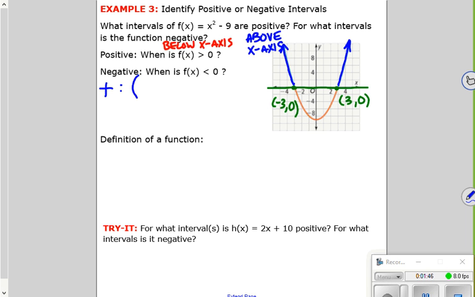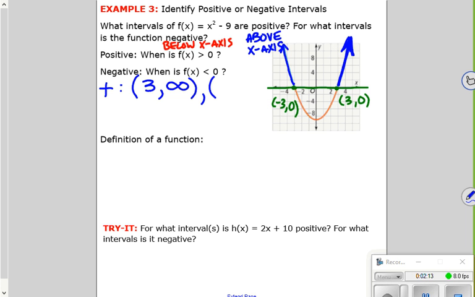Well, I think it's from the x value 3 until infinity. Starting with 3, actually, let me rephrase that, just above the 3, and as I go to the right, this function will stay in the positive region of the coordinate plane forever. It will never come back down. So from 3 until infinity.